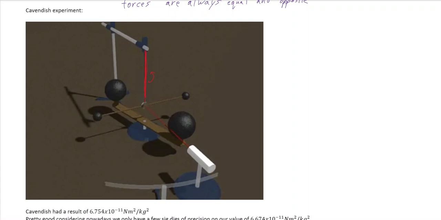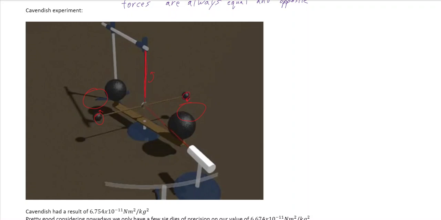There's a mirror here, and this is a laser beam hitting the mirror. They move these big balls closer, and once the big balls are within a couple tens of centimeters of the small balls, the small ball is going to move towards the big ball.